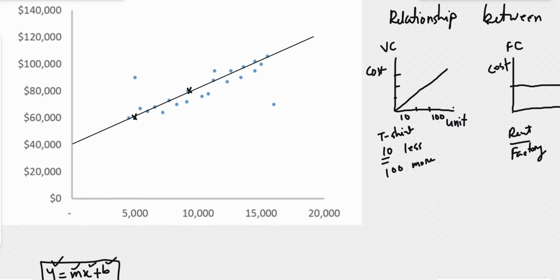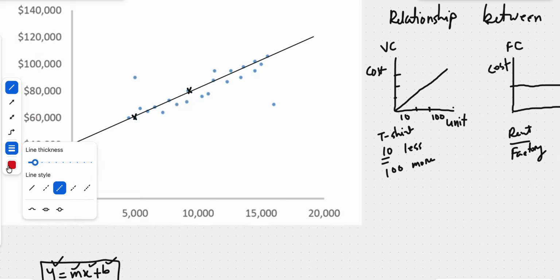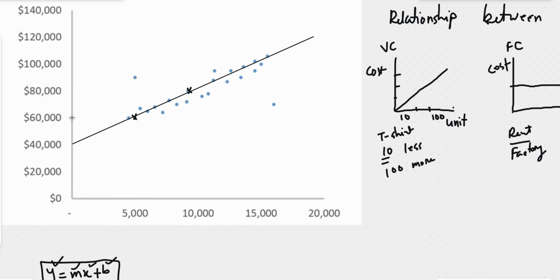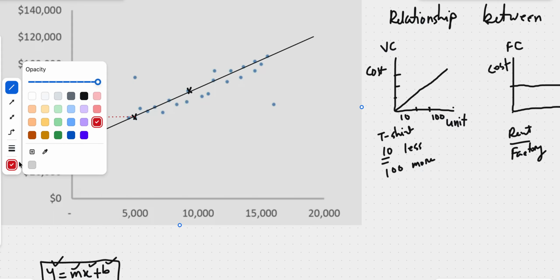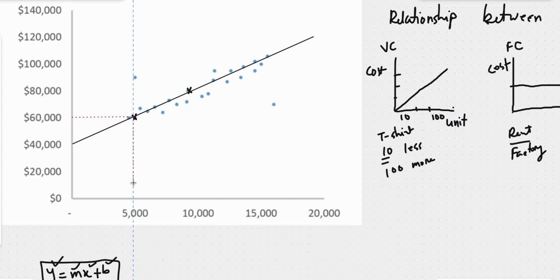For the cost of 60,000, we were able to produce 5,000 units.